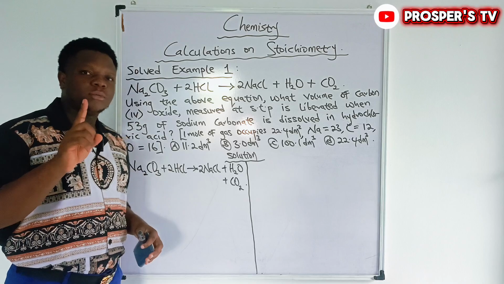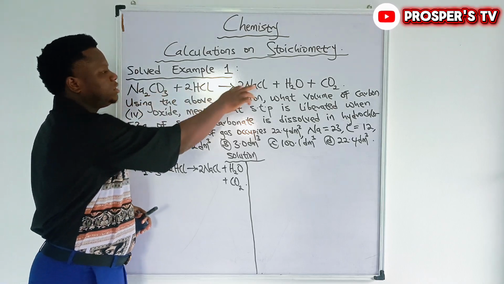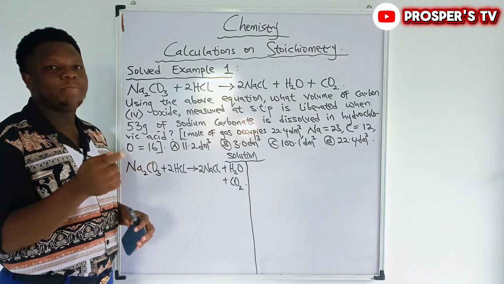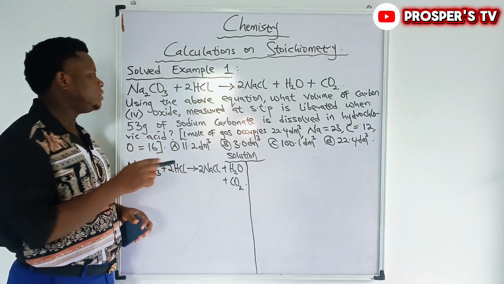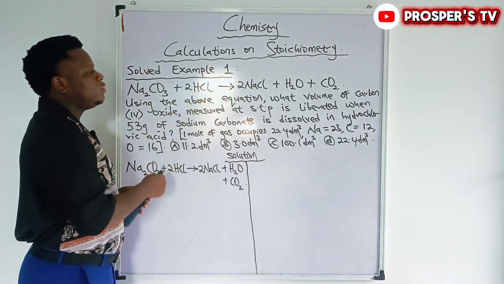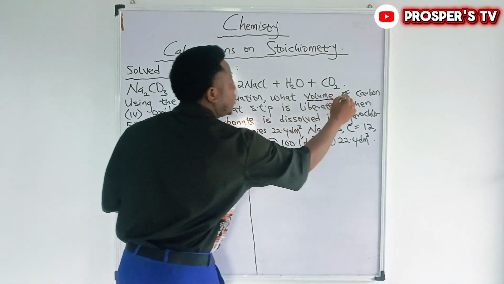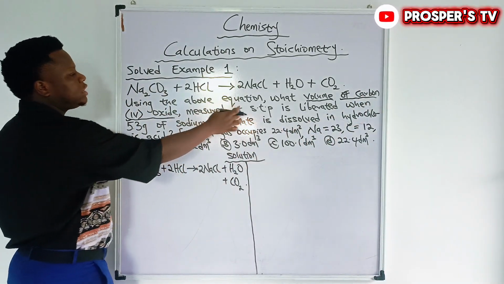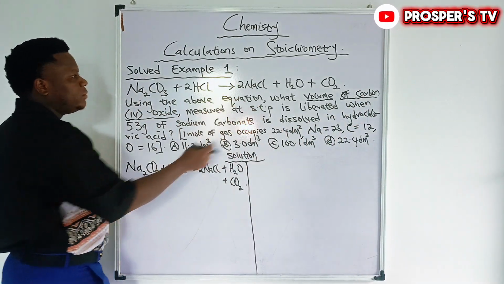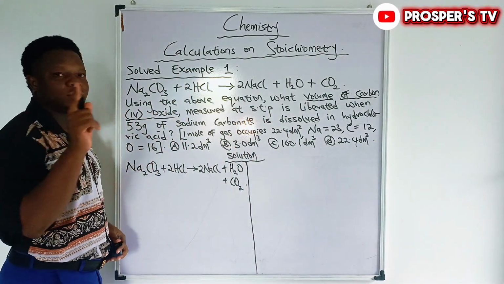The first thing you should take note of is the species in this equation whose amounts are being referenced. What do I mean by that? Let's read the question carefully. Using the above equation, what volume, take note of the word volume, of carbon 4 oxide measured at STP. So carbon 4 oxide is one of those species whose amount is being referenced.